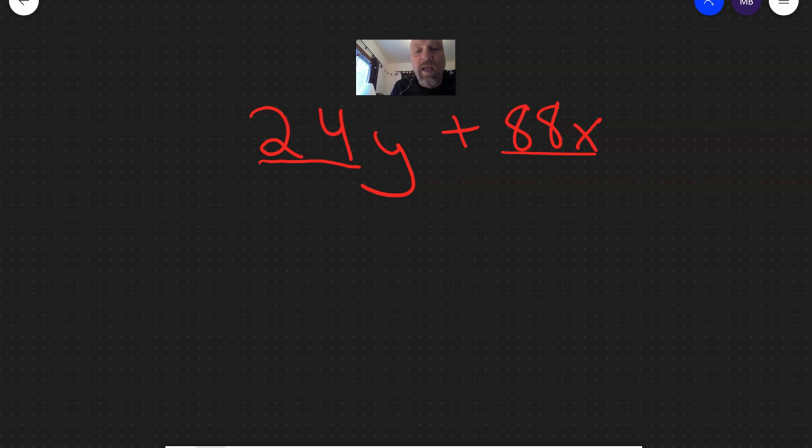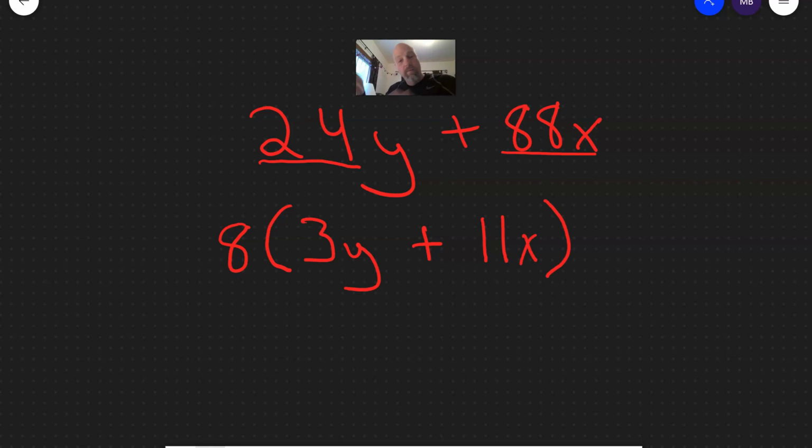So if I take the factor of 8 out of 24y, that gives me 3y left. Okay, and this one's easier. If I take out a factor of 8 from 88x, it just leaves me with 11x. So that's the hard part. I think it's pretty easy.